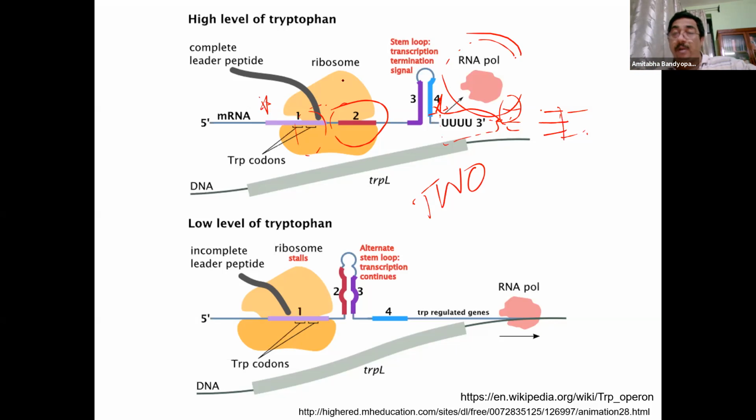So after transcription, the RNA has to be carried to the cytosol to be translated. But in prokaryotes, they happen simultaneously. So the RNA polymerase is moving only here, and the ribosome is only a few dozen bases away from it. But if it stalls here, this particular secondary structure forms, and the RNA polymerase has already formed this.